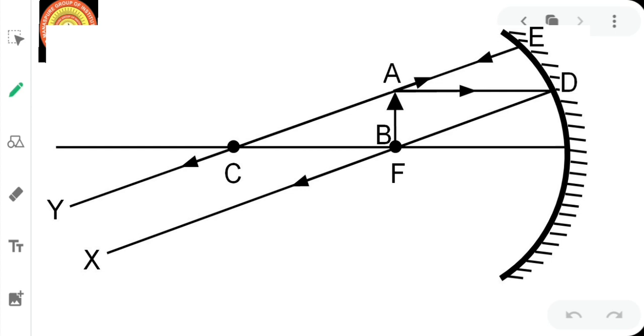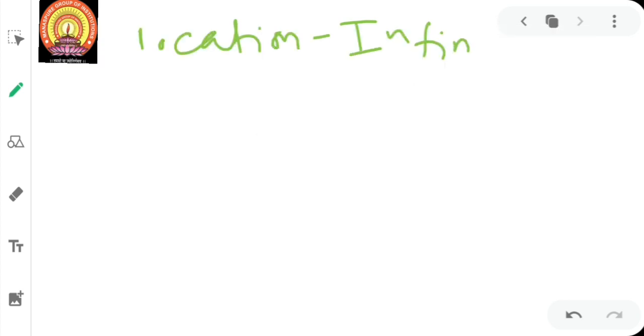So the location of image, the image is at infinity. Then how is the nature of that image?